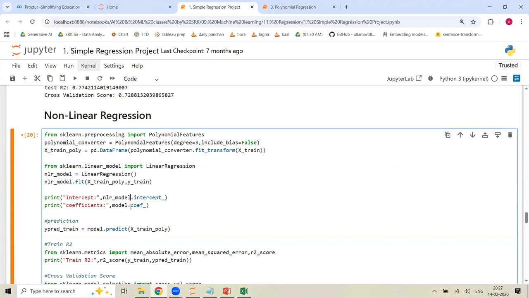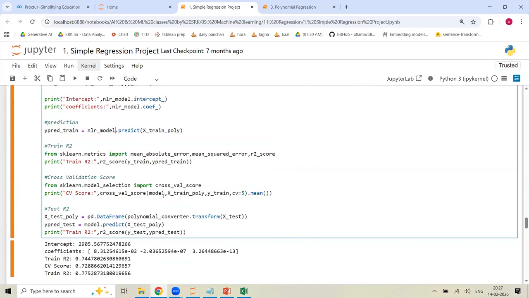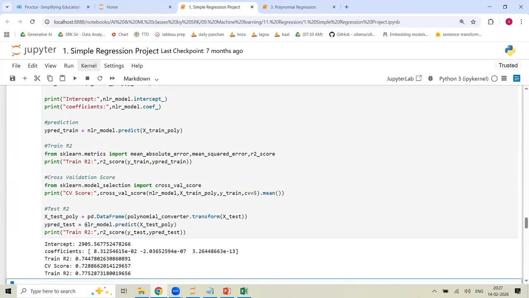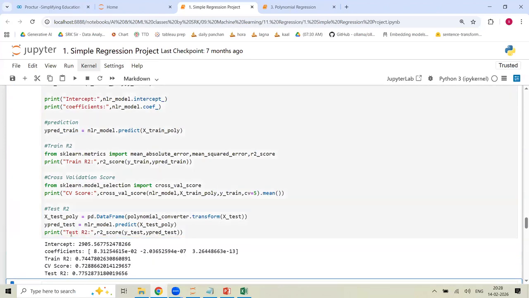Let me replace this one with NLR model. One minute, just let me replace. Both. Okay, done.